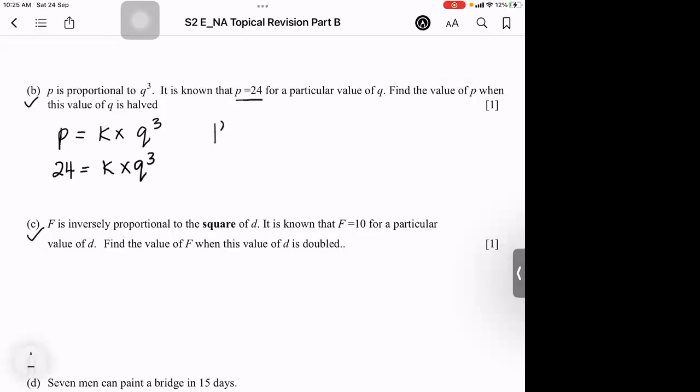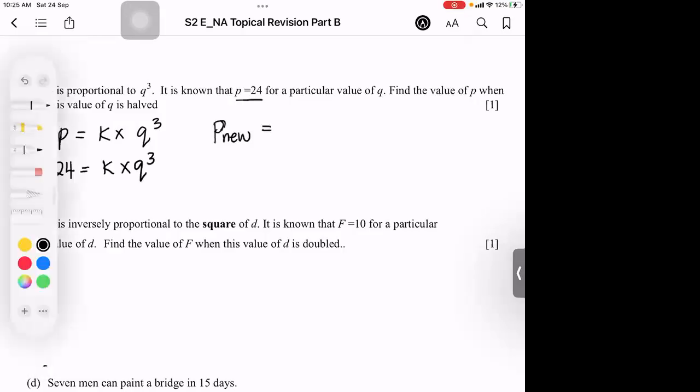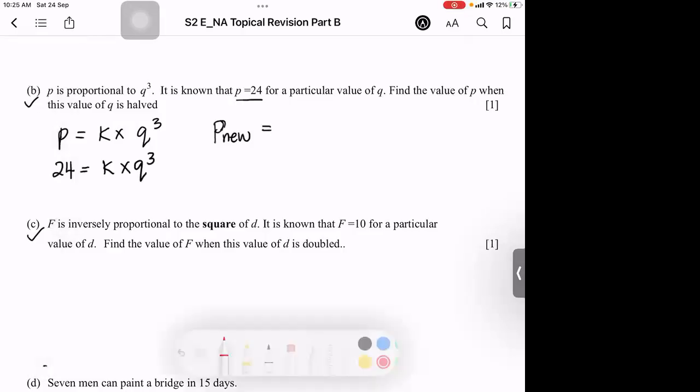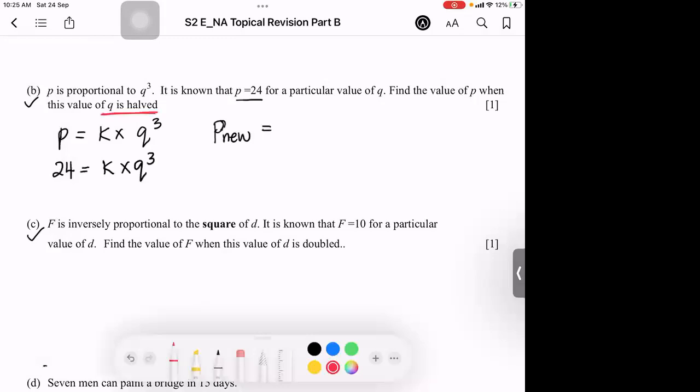So I want to find the new value of P when the value of Q is now half. So the Q becomes half, means what? Half of Q. Only the Q. So that means the Q has now changed to half of Q. Let's recall and look at the pattern now.